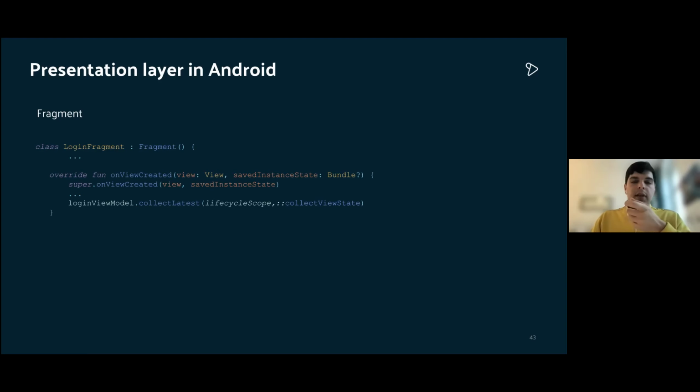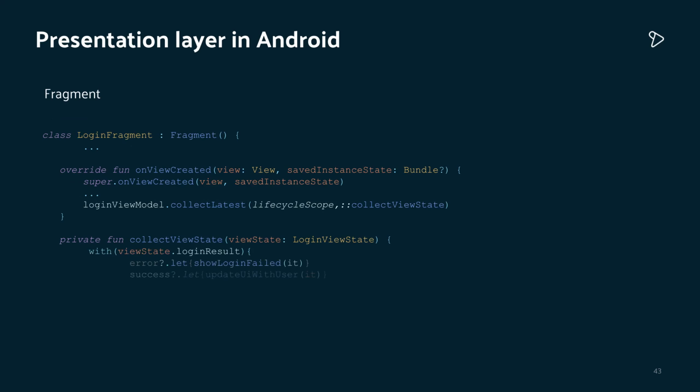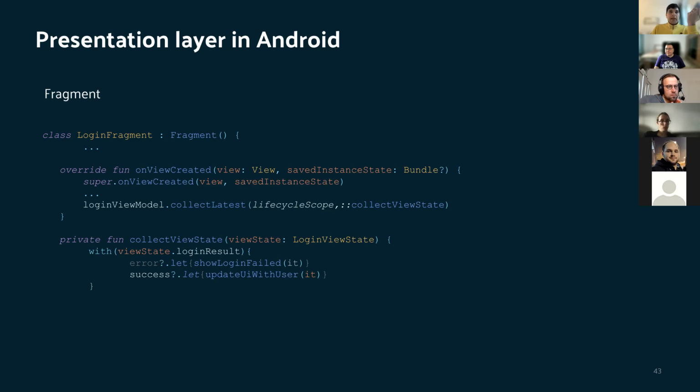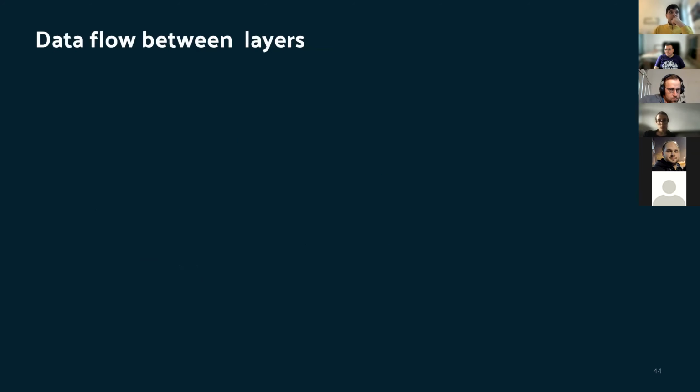And whenever the state is changed, the collectViewState function will be called. And inside this function, we would have a view state, and depending on the state, if it's error or success, we would show login failed or update the UI with the user, so to show the user display name. So yeah, this is about the presentation layer.